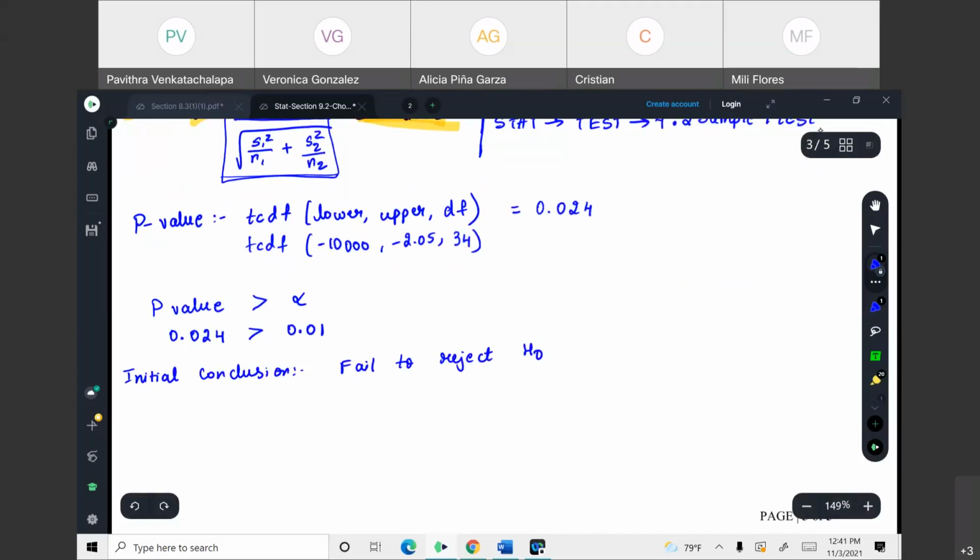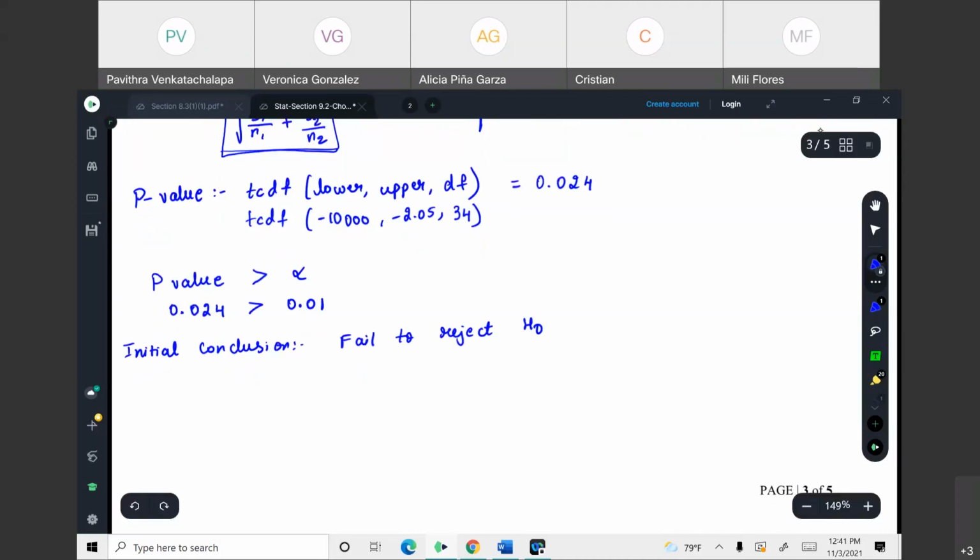H naught, or null hypothesis. Okay, and then you make your final conclusion. So you have a small table in your chapter 8.2, you can refer to that.